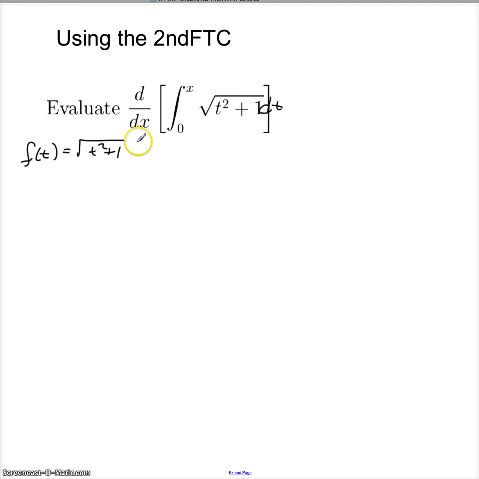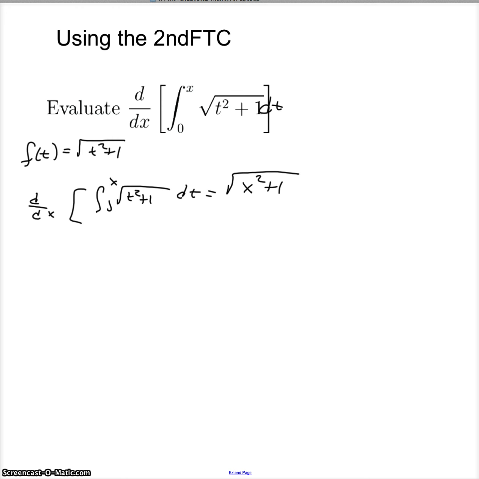Now that is continuous on the entire real line, so we can use the second fundamental theorem of calculus to say that this derivative of the integral from 0 to x of the square root of t squared plus 1 dt is equal to, let's see, that's just x, so this is going to be the square root of x squared plus 1. Kind of straightforward.